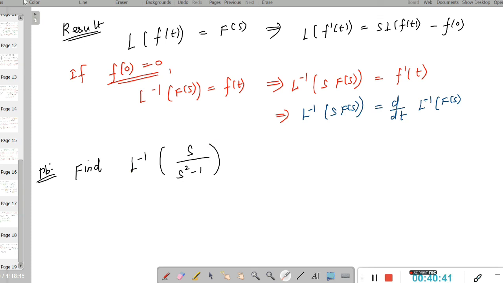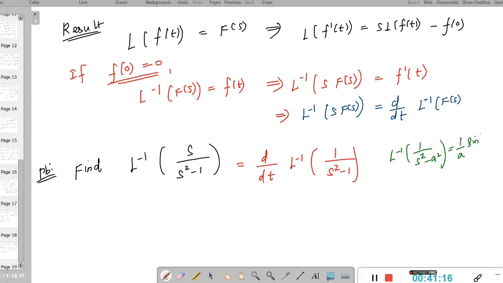Now I am going to rewrite this term: instead of s I am going to put d by dt of L inverse of 1 by s square minus 1. If you use L inverse, you may get the formula L inverse of 1 by s square minus a square equal to 1 by a sin h a t.